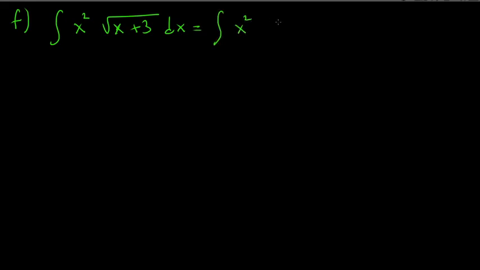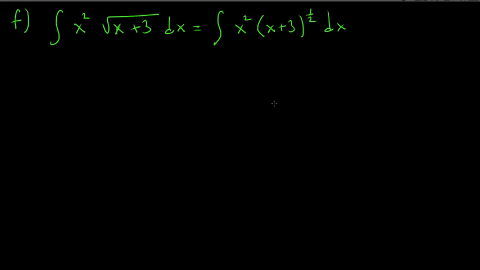Part F. This is not going to be a fun one, I think. So again, whenever you see a square root, your first instinct, just as it would be if you were taking the derivative, is to change it to (x plus 3) to the 1/2.